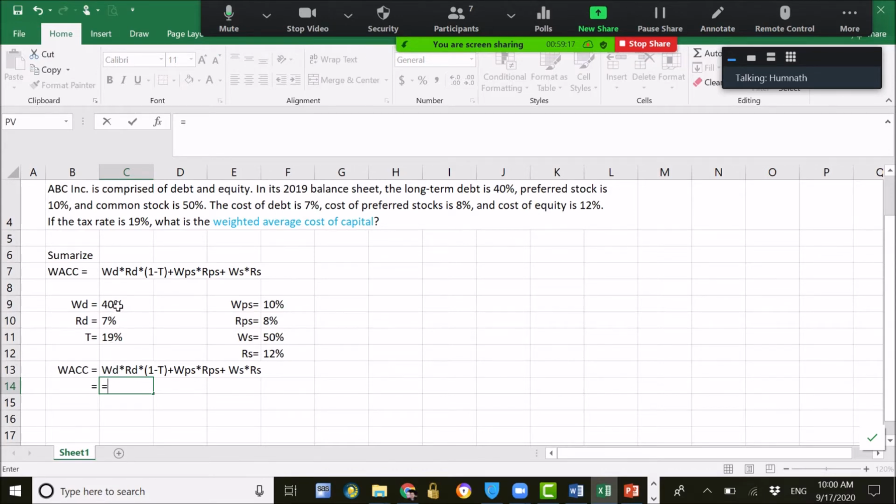I'm going to click on C9. And I'm going to use the multiplication sign. And RD is 7% times parenthesis 1 minus the tax rate, which is 19%. This is my first component.